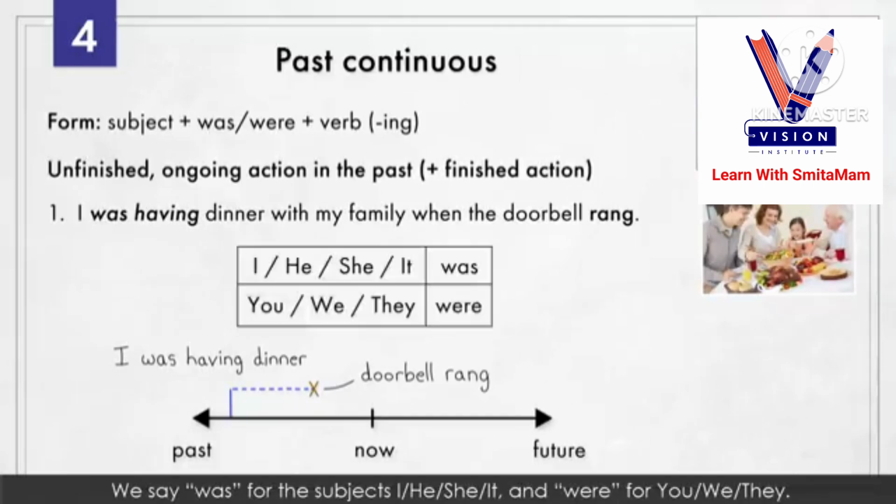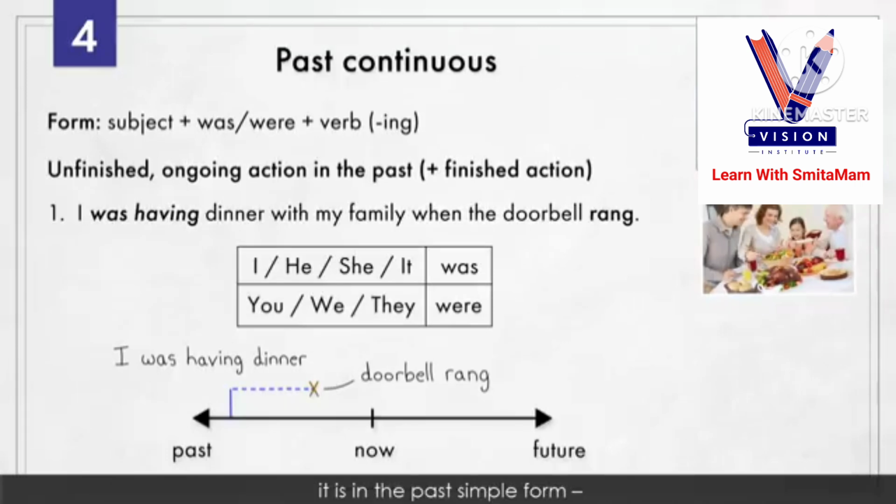We say was for the subject I, he, she, it, and were for you, we, they. If we mention a finished action that interrupted the continuous action, it is in the past simple form. Subject plus past tense verb, like the doorbell rang.